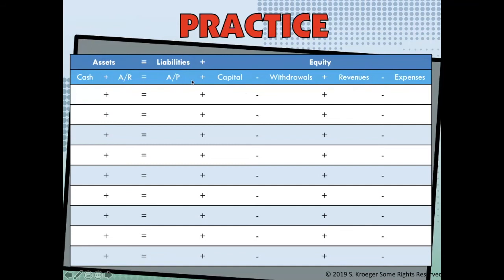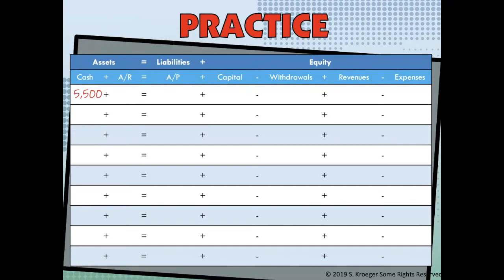And I put a few specific account names in here, such as accounts receivable and accounts payable. By the way, this is how we list accounts receivable and payable. We do an A/R and an A/P. So it means accounts receivable, accounts payable. Now, we got cash, right? We got $5,500 in cash.